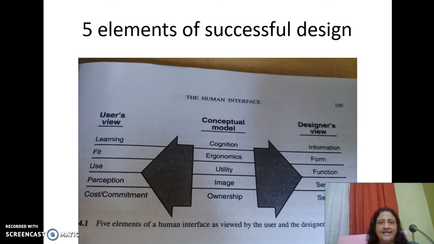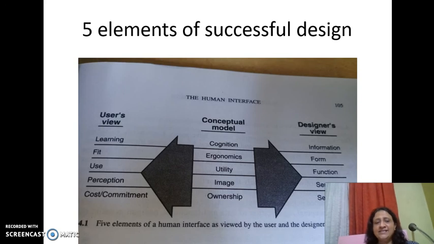Now this diagram indicates the 5 elements of human interface and how these 5 elements are viewed by the user as well as by the designer. In the conceptual model, we have displayed the 5 elements: cognition, ergonomics, utility, image, and ownership.